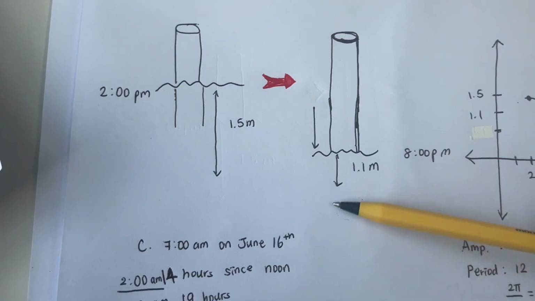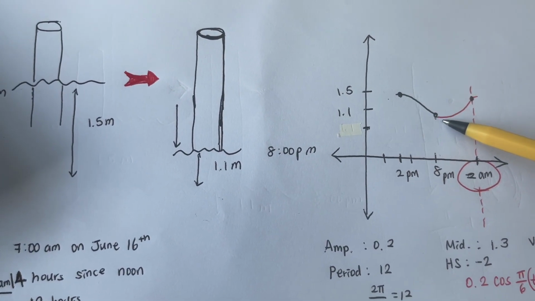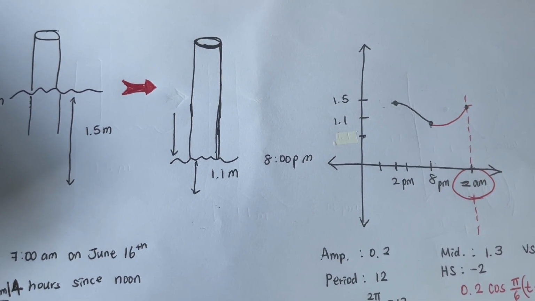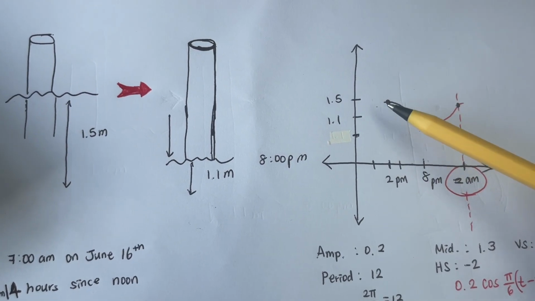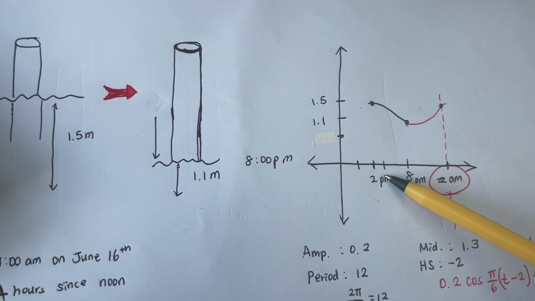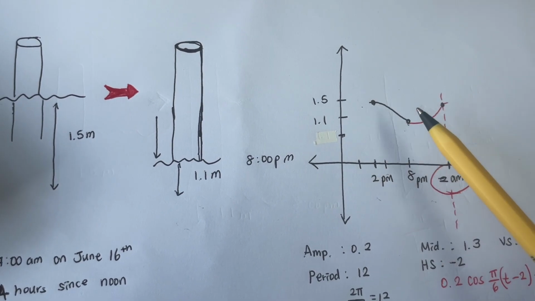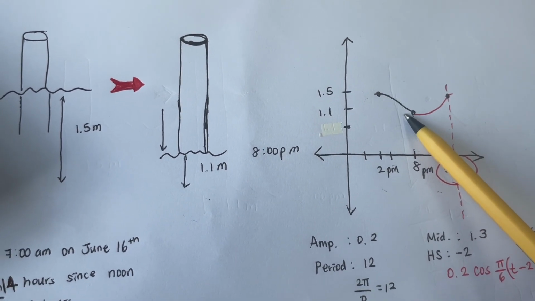After looking at this, I went ahead and plotted my points and drafted a very simple cosine graph. I noticed that from 2 p.m. to 8 p.m., we are hitting our maximum and our minimum. So therefore, it's only half of the full cycle, right?